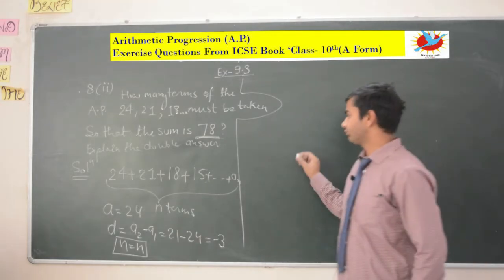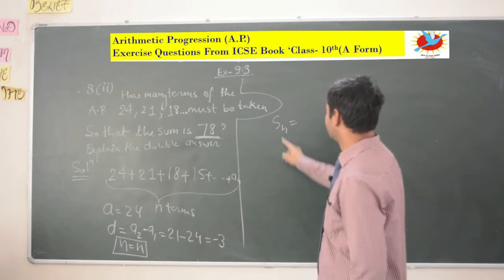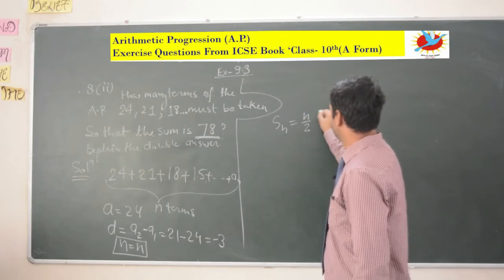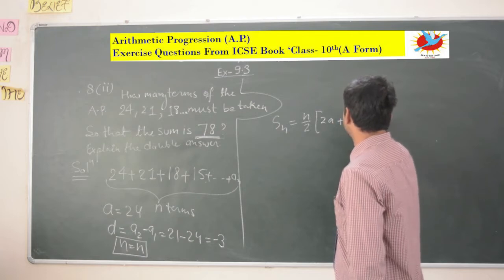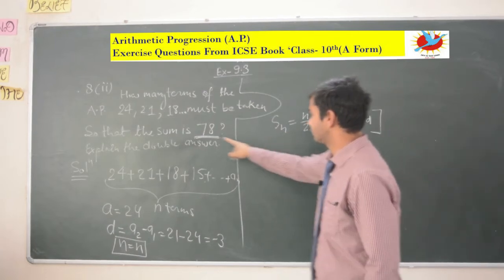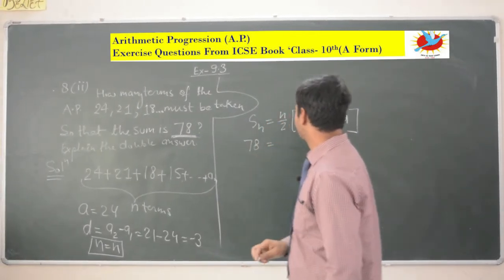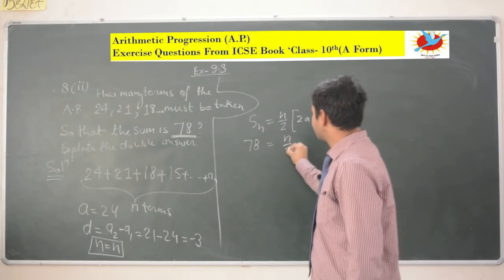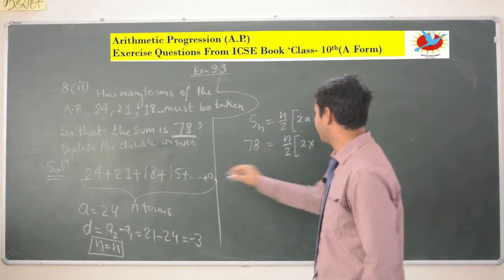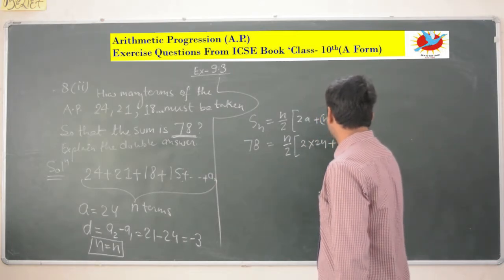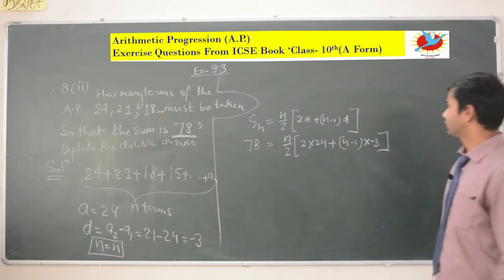We have the formula for the sum of n terms of an AP. So Sn is n by 2 into 2a plus n minus 1 into d, and this Sn is equal to 78, so we put 78 in place of Sn. The value of n is n, so this becomes n by 2, and the value of a is 24, plus n minus 1 into d, and in place of d we put minus 3.